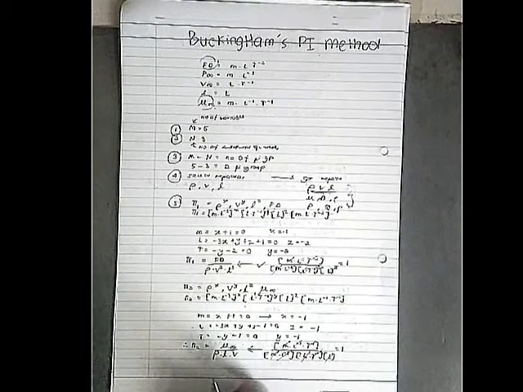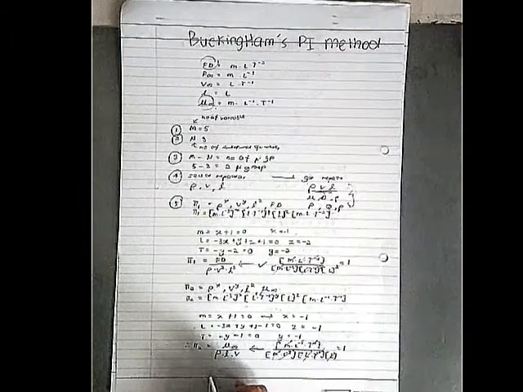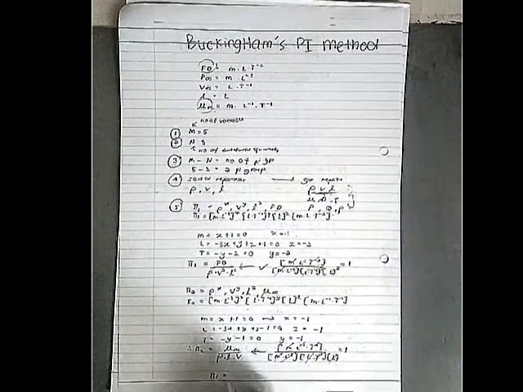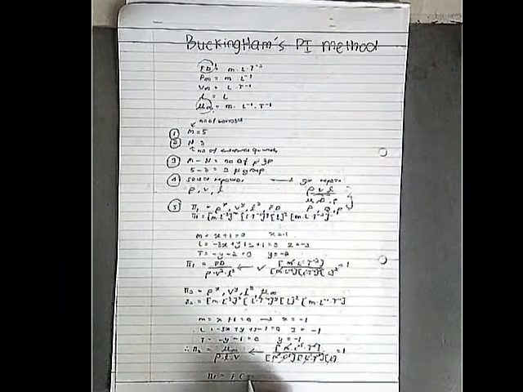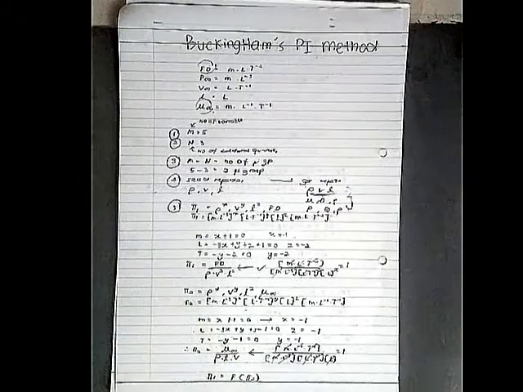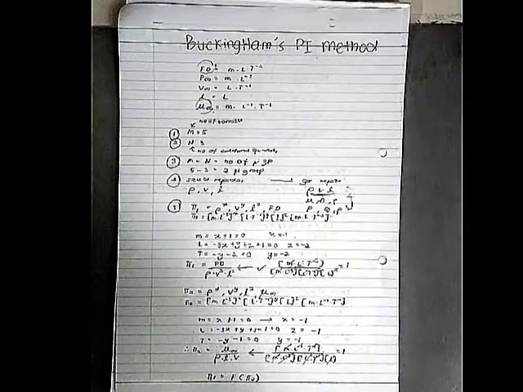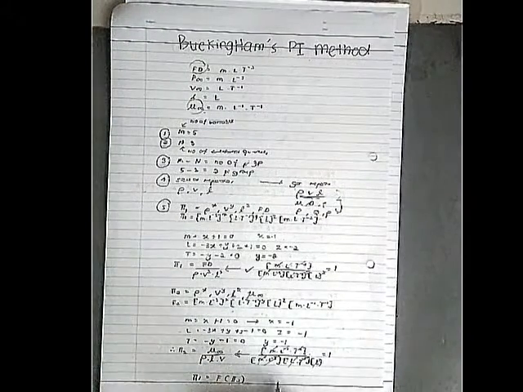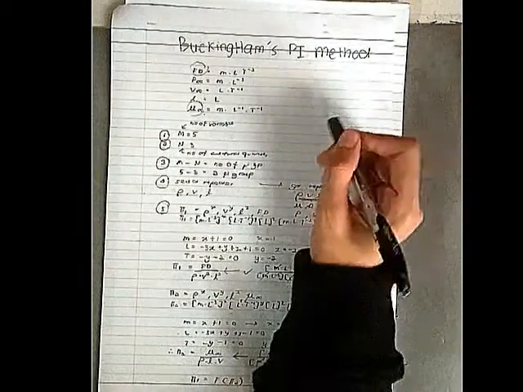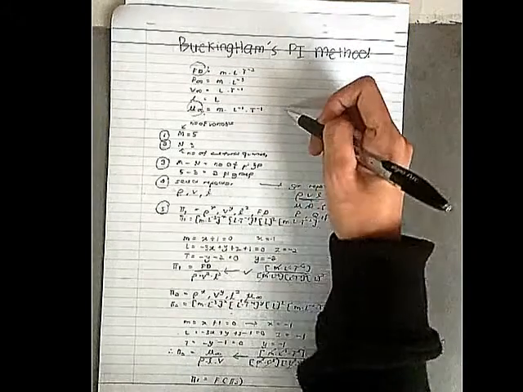So the last thing we need to do is pi 1 is equal to f of pi 2. As you can see, there is no space for me to write here, so I just write pi 1 here, which is here.